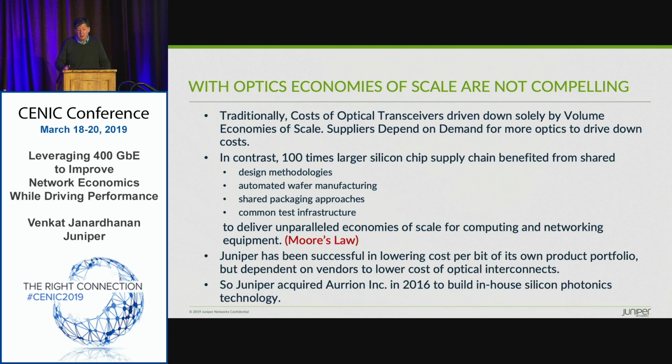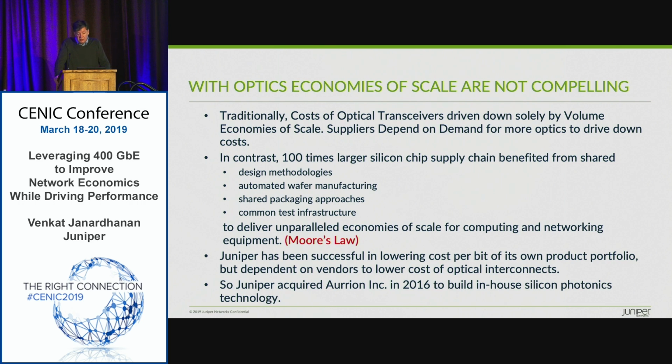So when we demoed it at Supercomputing, I'm going to talk about that at the end, it was a third-party transceiver. So the economy of scale is not that compelling because these manufacturers rely on volume to drive down cost.